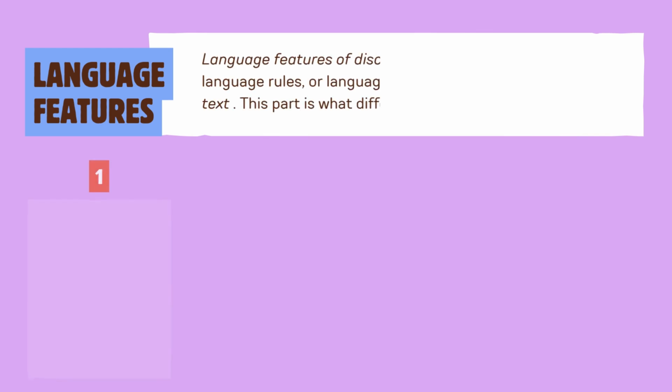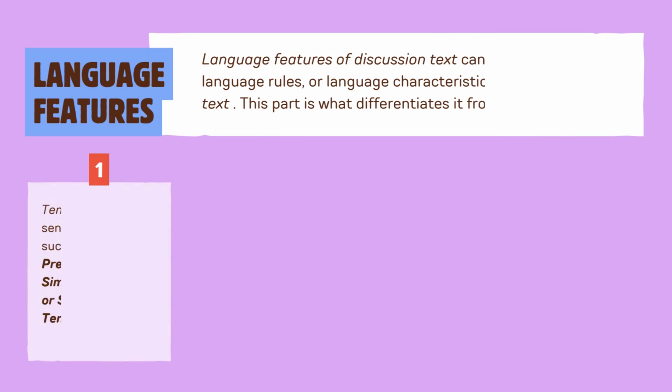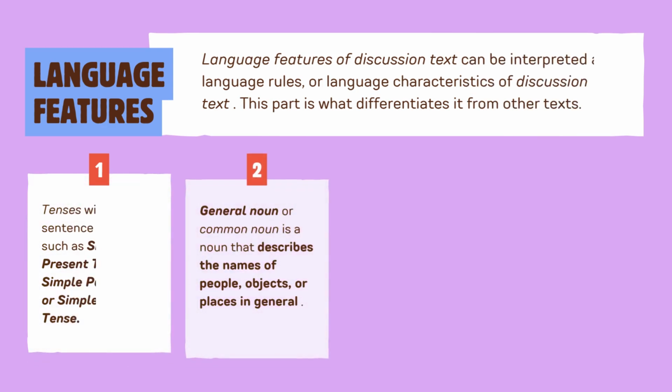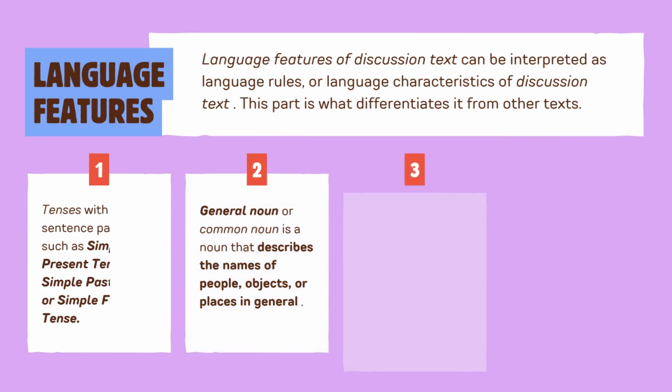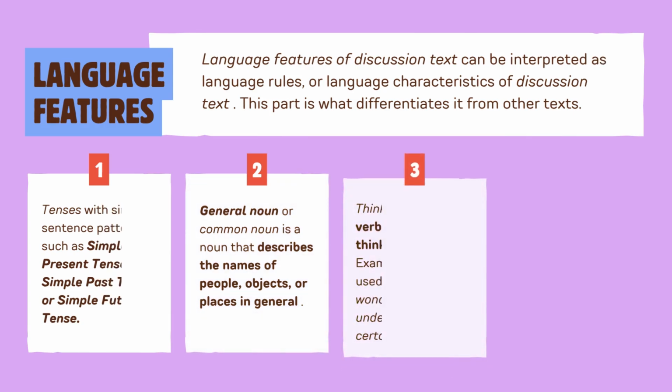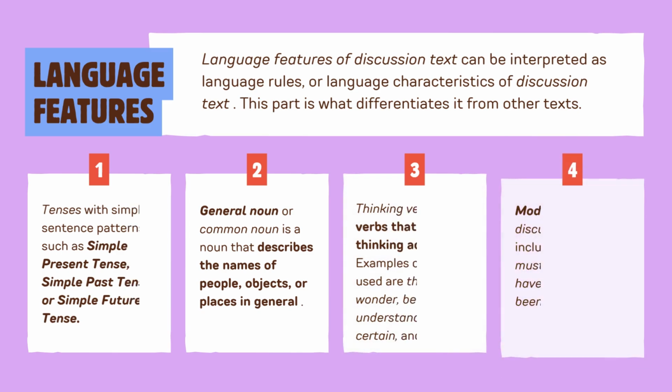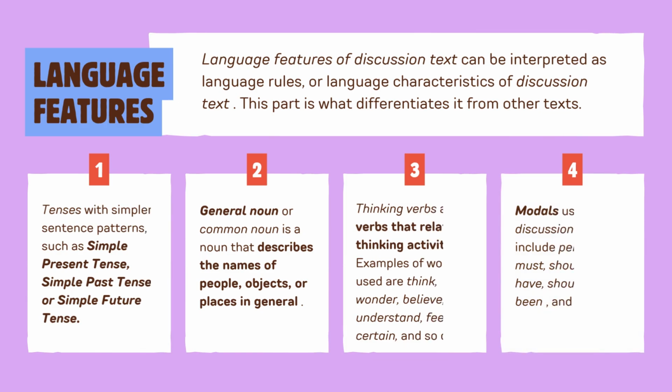Now, let's talk about the language features of a discussion text. It can be interpreted as the language rules or language characteristics of a discussion text. And there are 5 language features of a discussion text. The first one is the use of simple sentence patterns like simple present tense, simple past tense, or simple future tense.